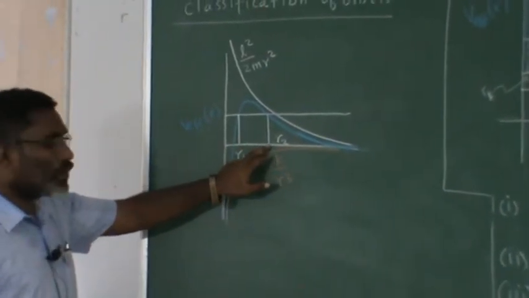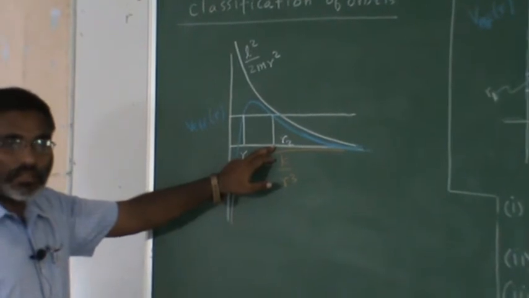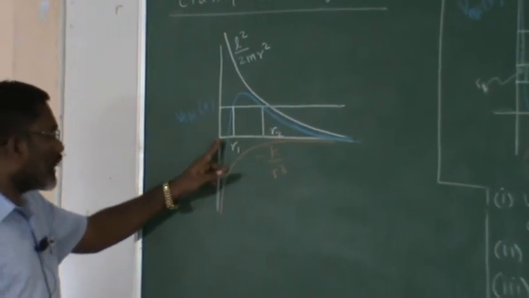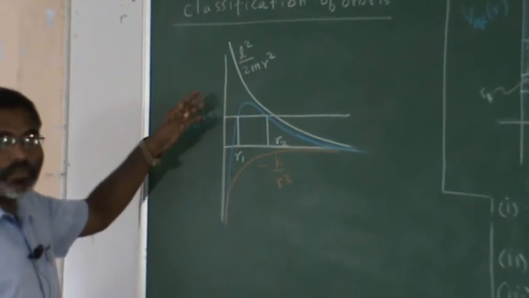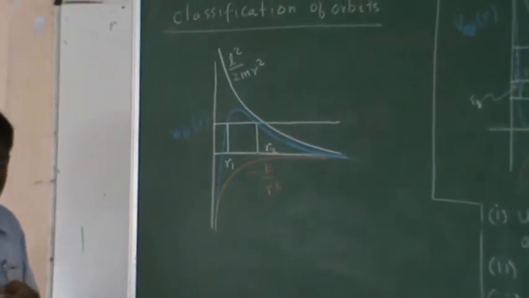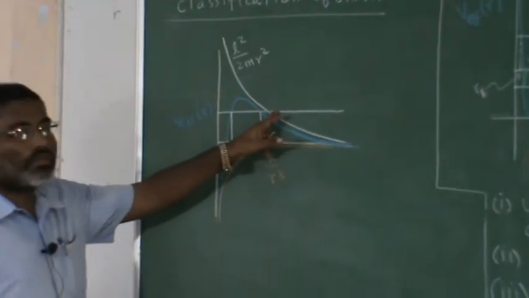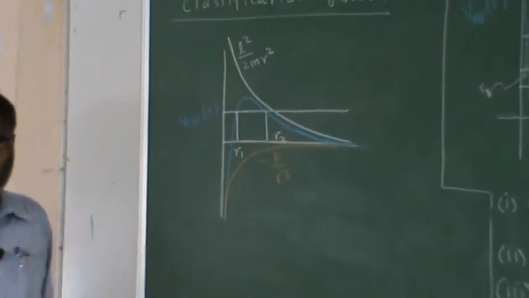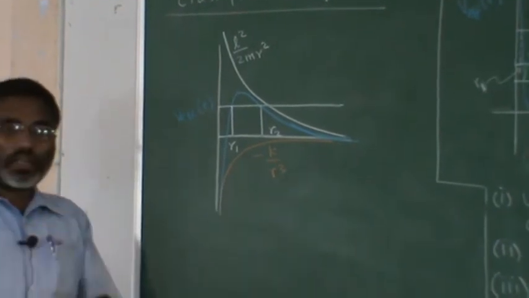Between R1 and R2, the motion is unphysical. If r is less than R1, it will be forced towards the center of the force. If it is more than R2, it just goes off to infinity. But there is no motion between R1 and R2.